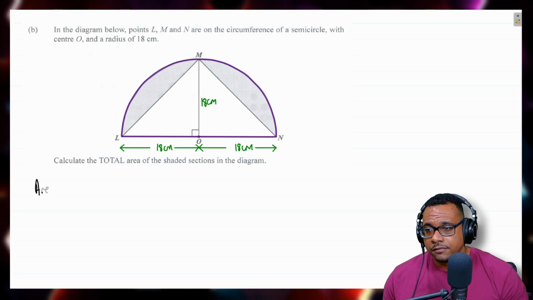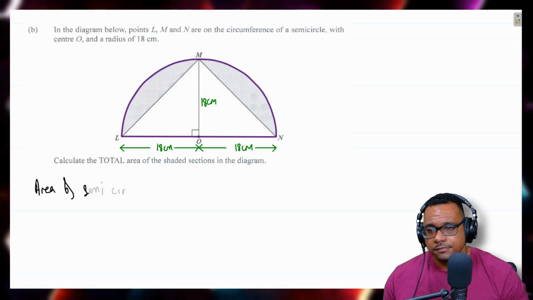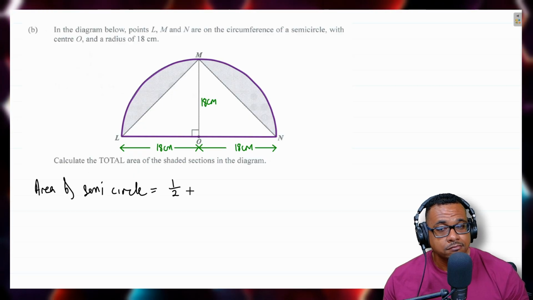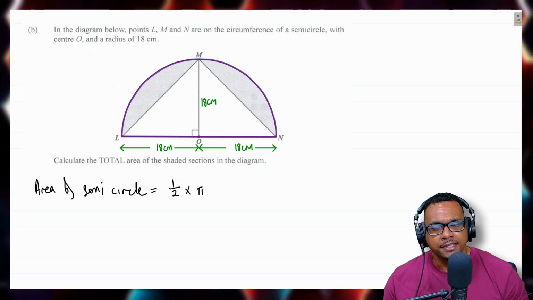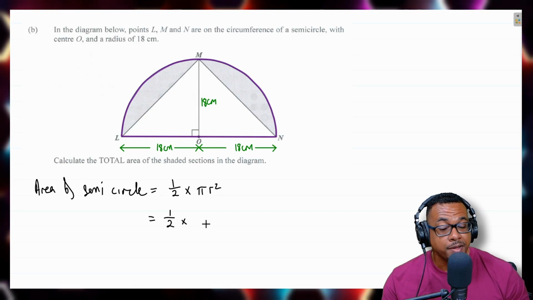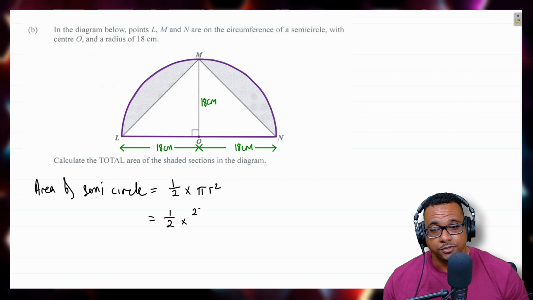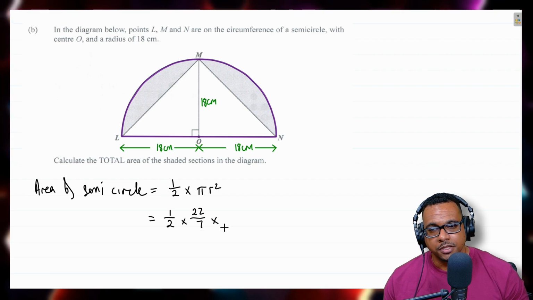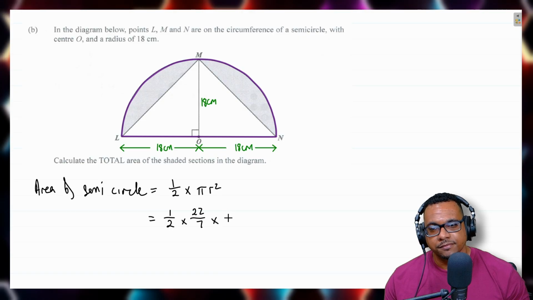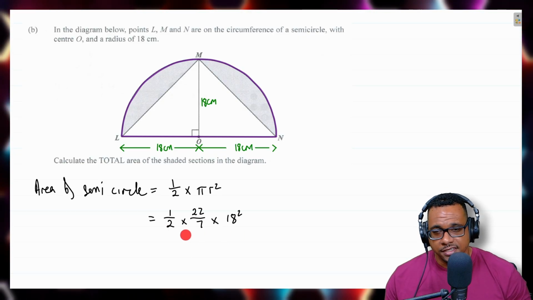So area of semicircle, and remember, it's a half times the area of a circle. So it's a half times pi r squared. So that's a half times, and remember the question says to use pi as 22 over 7. So 22 over 7 multiplied by the radius, and the radius is 18, so 18 squared. Now again, we can put all this into the calculator and work it out.